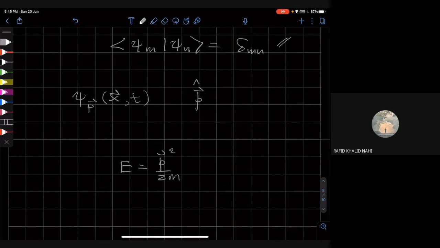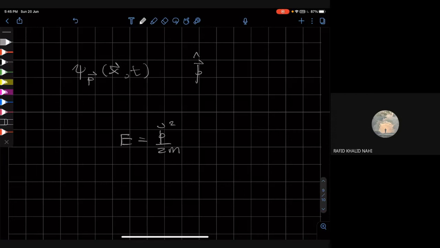Now, if we have a potential energy, then this simple relationship will not be valid anymore. There would be a potential. This is called a dispersion relationship.